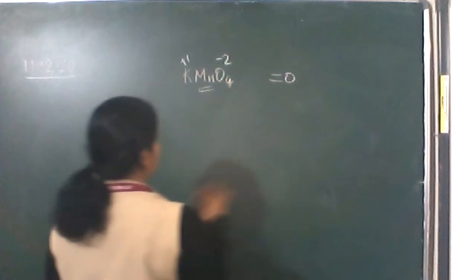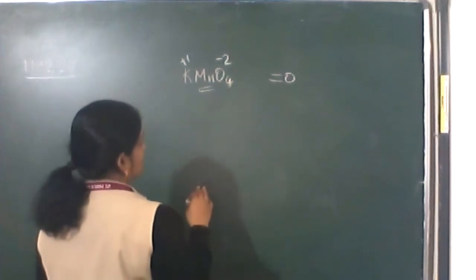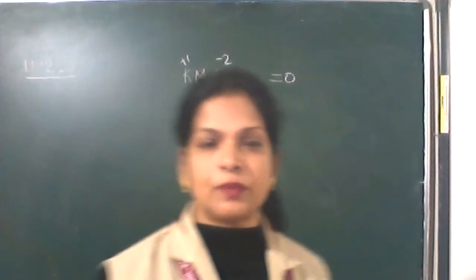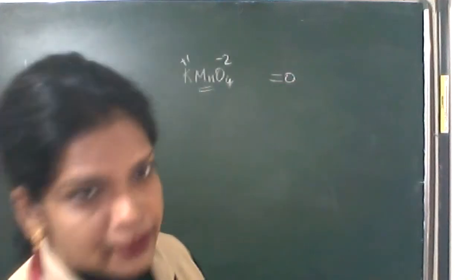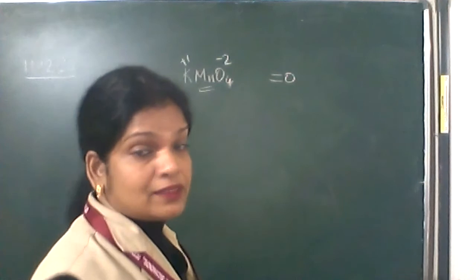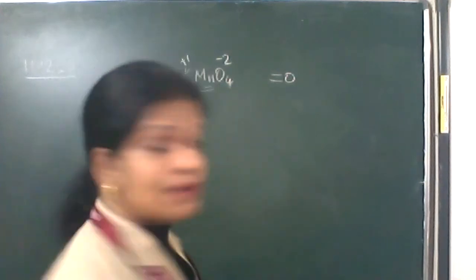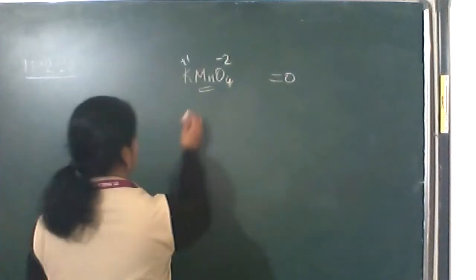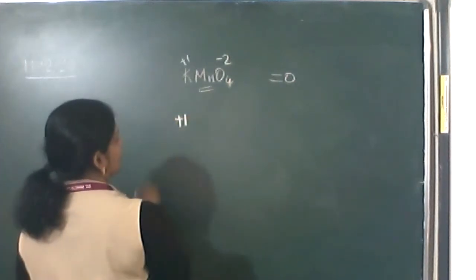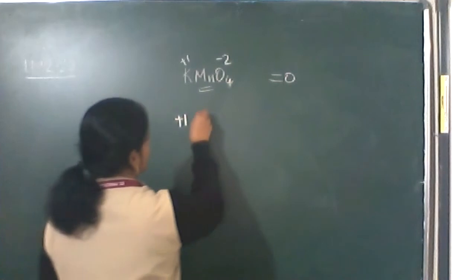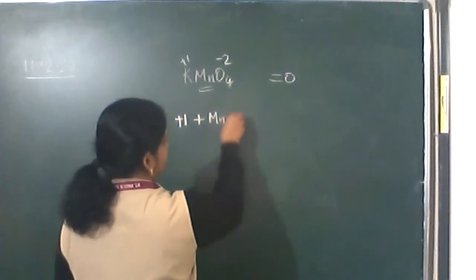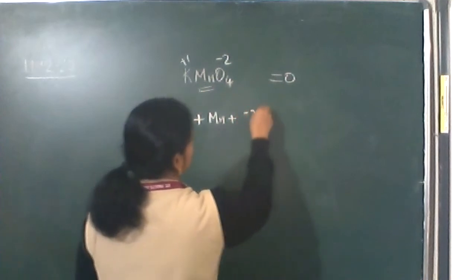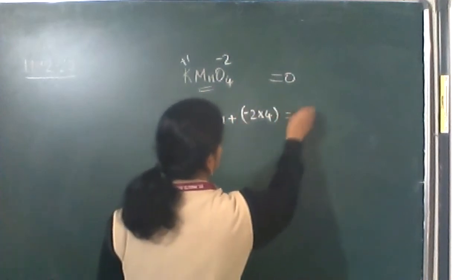So how will you calculate the oxidation state of Mn? Mn can have variable valency: plus 2, plus 3, plus 4, plus 5, plus 6, plus 7. In this compound, what is the oxidation state of Mn? We calculate plus 1 for potassium, Mn as unknown, and there are 4 oxygens, each minus 2.